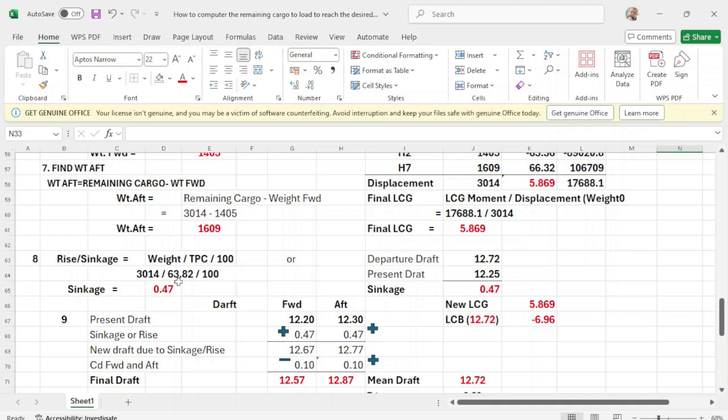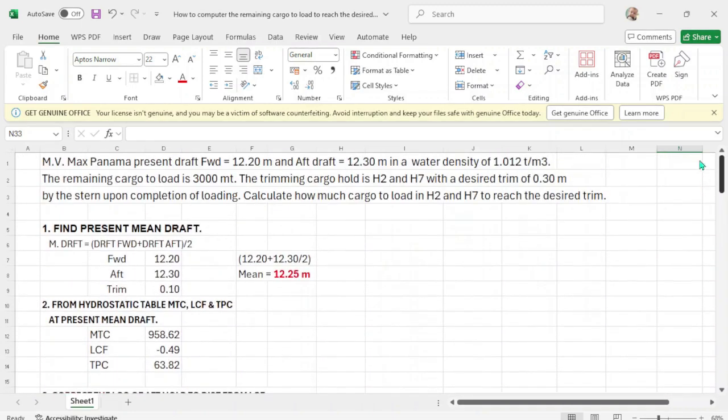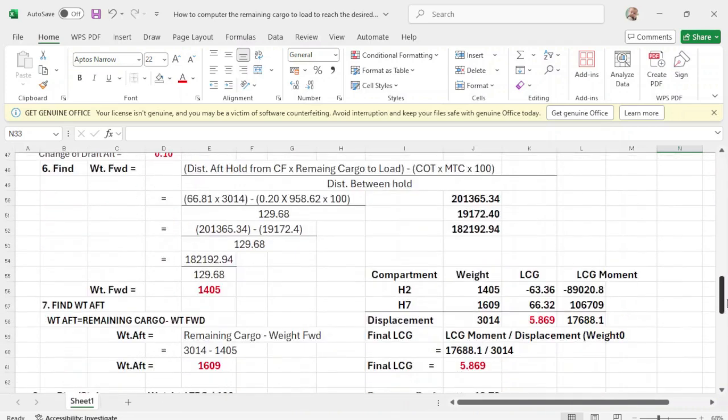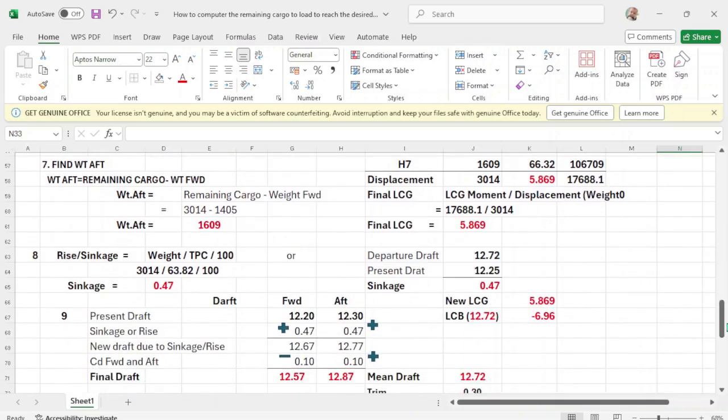Your TPC is 63.82. So meaning weight over 63.82 over 100, then you have the sinkage of 0.47.